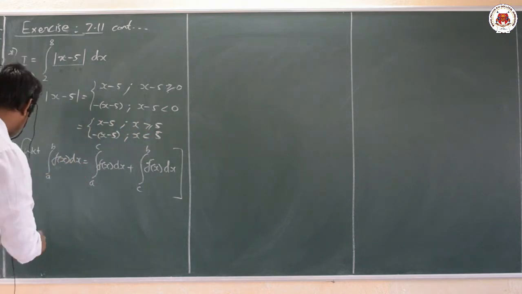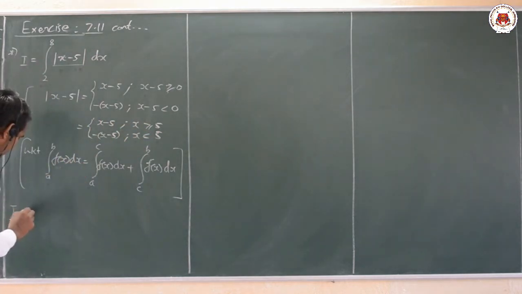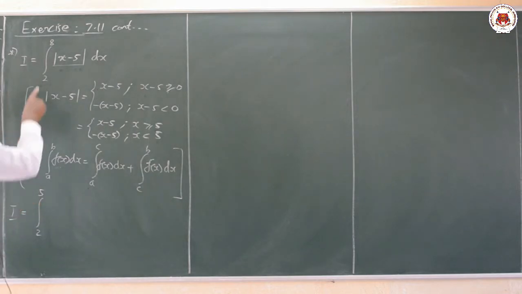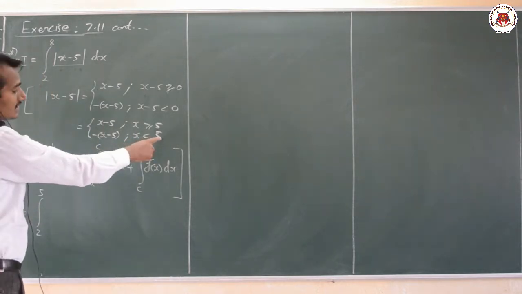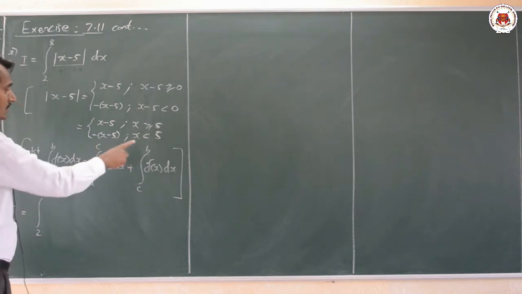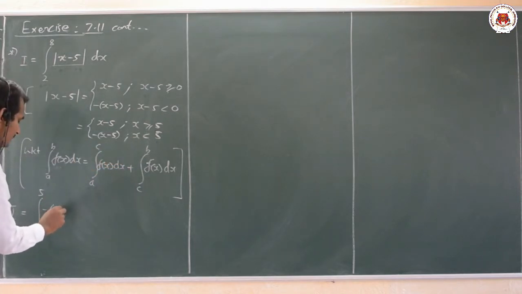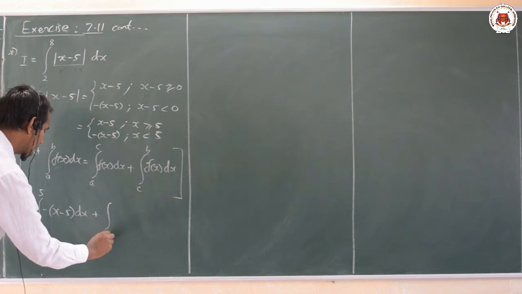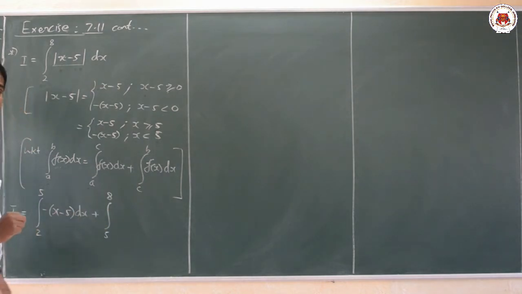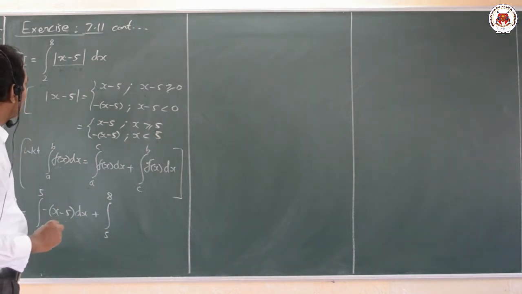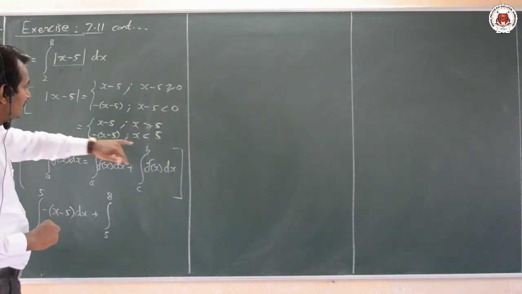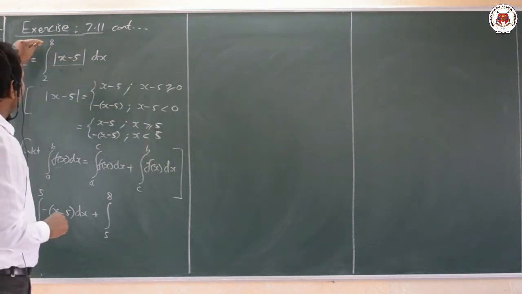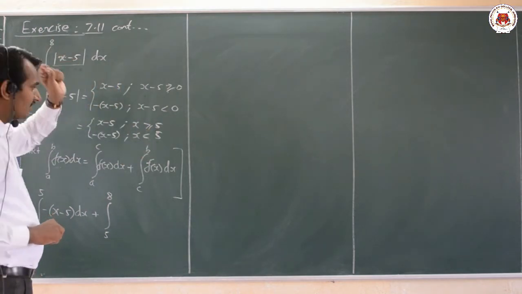So the same I can write as the integral from 2 to 5, where x is less than 5, of minus of x minus 5 dx, plus the integral from 5 to 8, very simple problem. Why 5 to 8? Because x is greater than 5, and the greatest value provided is 8.